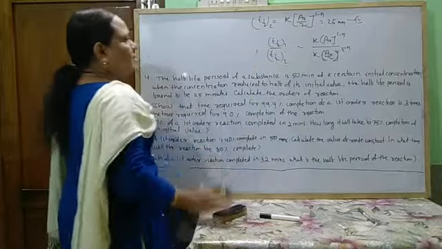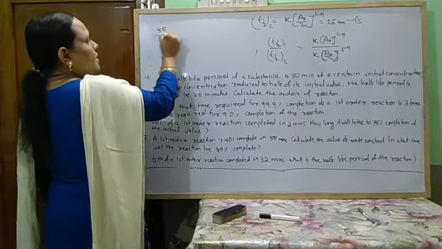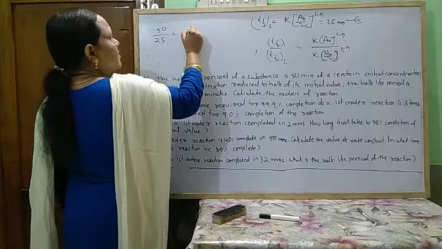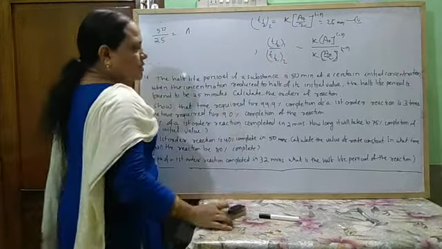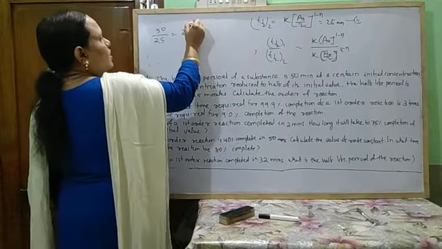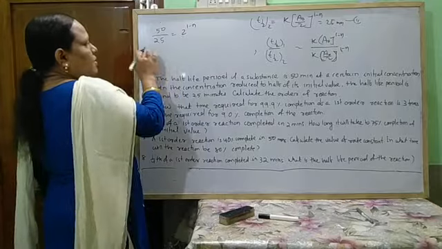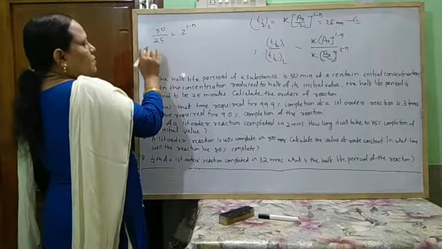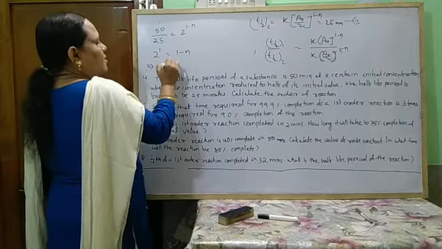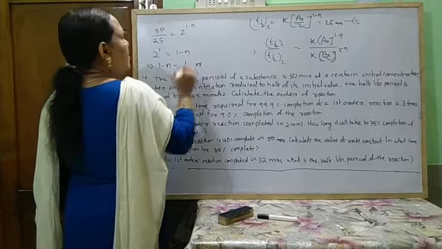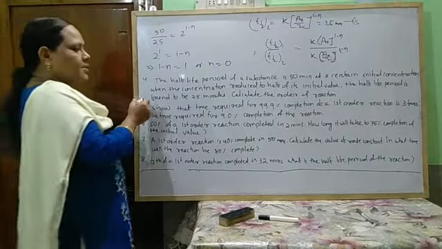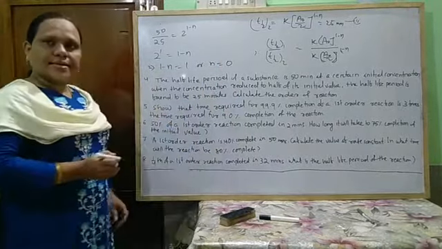So this value is equal to 50 by 25. K cancels, A naught by A naught cancels, so that equals 2 to the power 1 minus n. 50 by 25 equals 2, so 2 to the power 1 equals 2 to the power 1 minus n. This implies that 1 minus n equals 1, or n equals 0. So in this way, this is a zero order reaction.